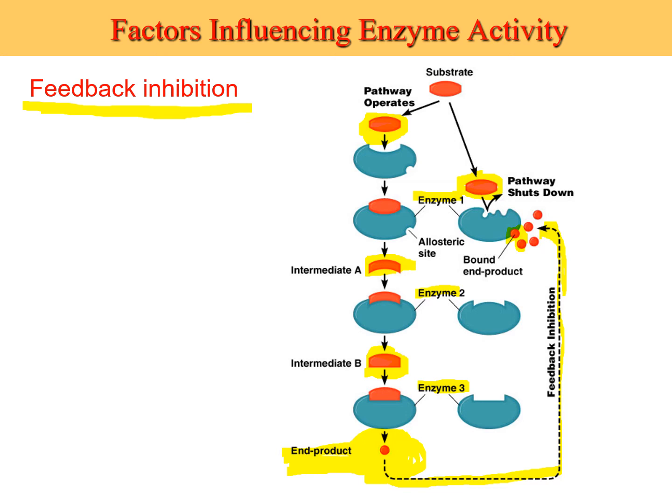It's getting used up, so there'll be less and less of this inhibition. More and more of that end product is disappearing, it's being used up, so there's less around to inhibit this enzyme, and more molecules of the enzyme will be active and the pathway will start up again and start producing end product once more. That's negative feedback inhibition.